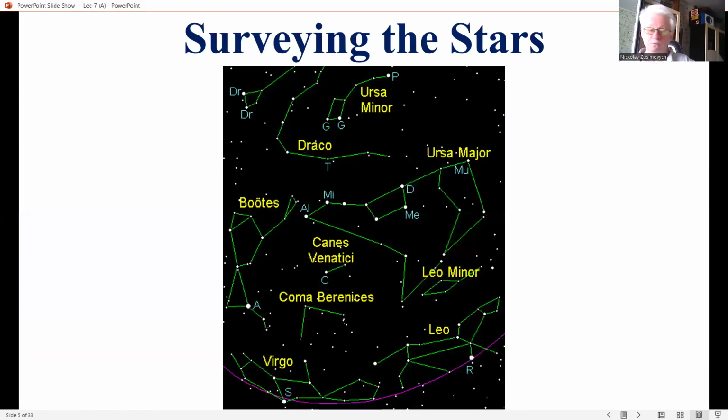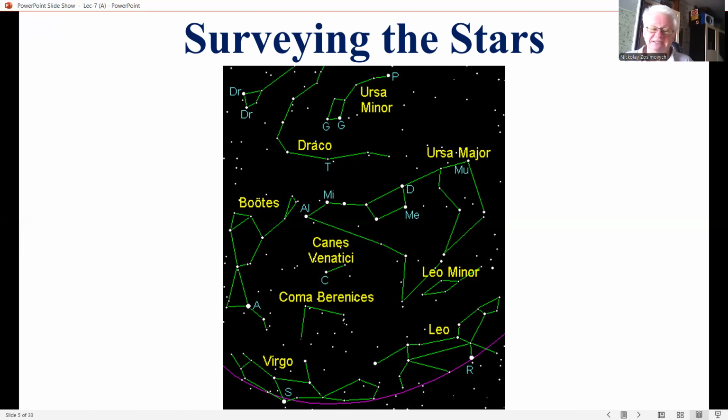If you want to know what the average person thinks about a certain subject, you take a survey, right? If you want to know what the average star is like, you must survey the stars. Such surveys reveal important relationships among the family of stars.